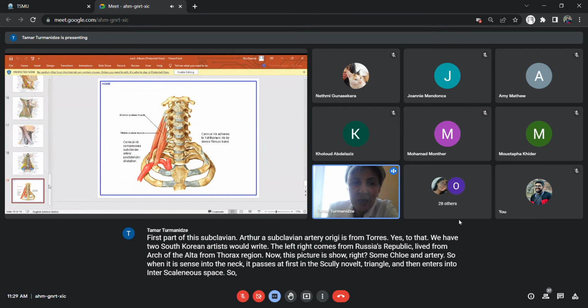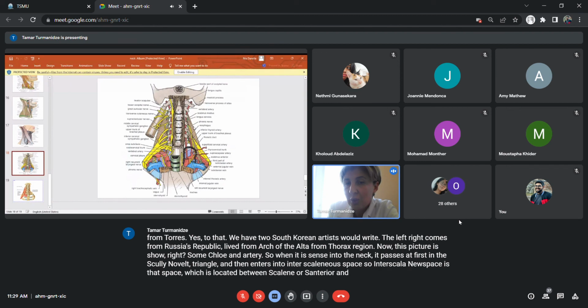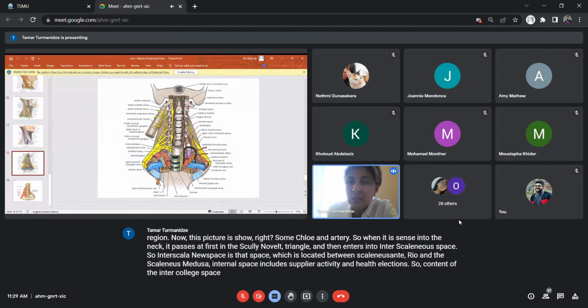The interscalenus space is located between the scalenus anterior and scalenus medius muscles. The content of the interscalenus space is the subclavian artery and the brachial plexus, which is formed by C5 to T1 nerves.